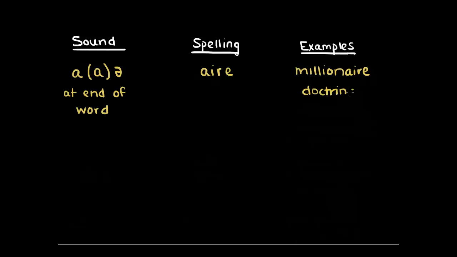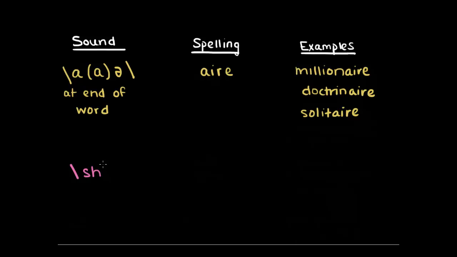There's a lot of words ending in air. Solitaire is another one. So this is a common ending of French. If you have the A sound at the end of the word, it's going to be spelled A-I-R-E, as in millionaire, doctrinaire, and solitaire.